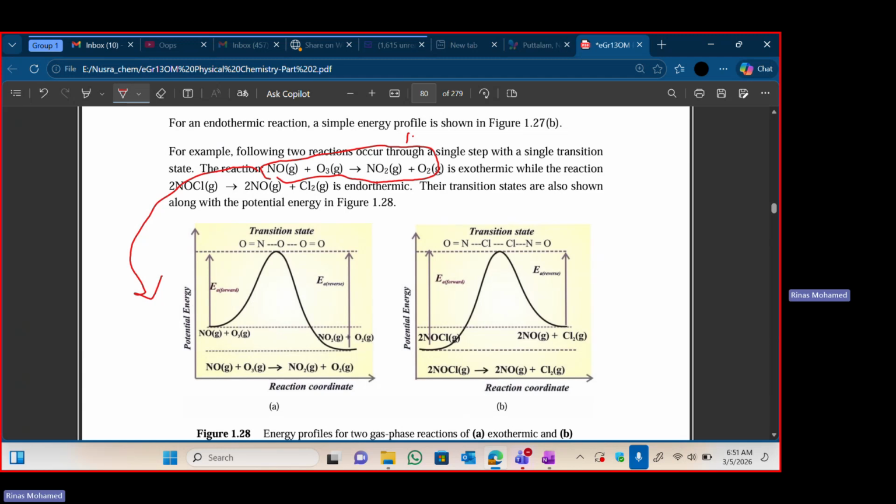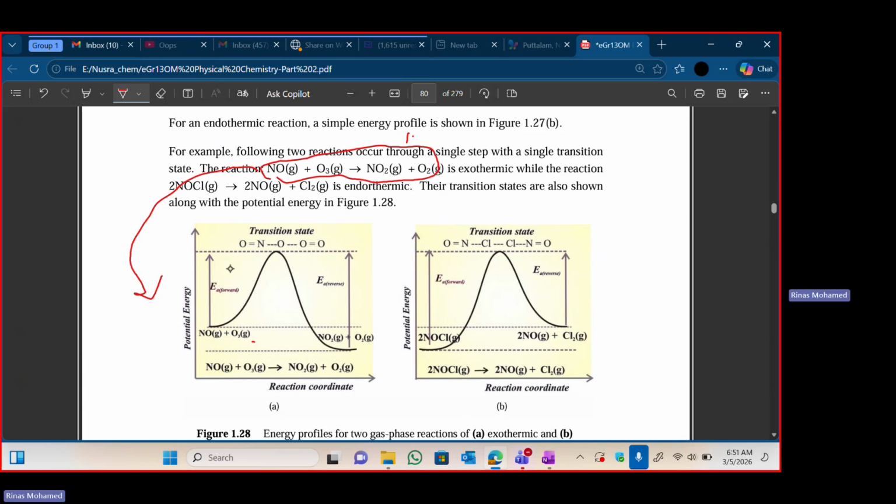Then the X and Y axes they have named reaction coordinate versus potential energy. Right? And the reactants are NO and ozone. Products are NO2 plus O2. That thing I have marked.